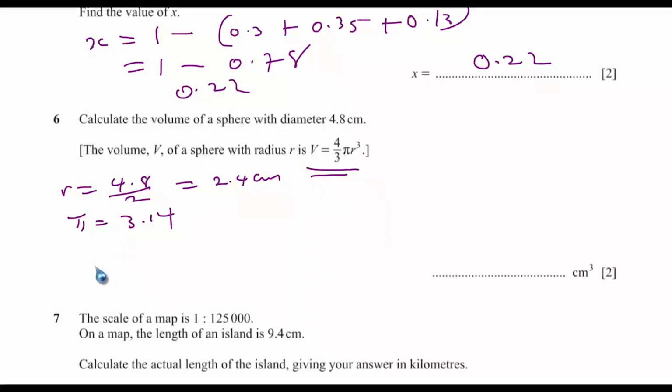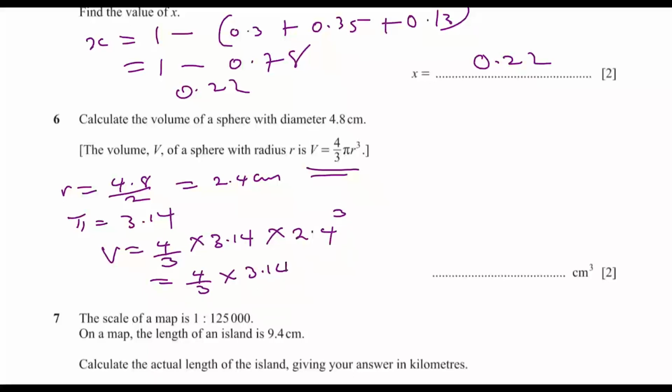So let's key in the values. V will be equal to 4 over 3 times pi, 3.14, times the radius 2.4 cubed. So this will give us 4 over 3 multiplied by 3.14 multiplied by 2.4 to the power of 3, which gives 13.82.